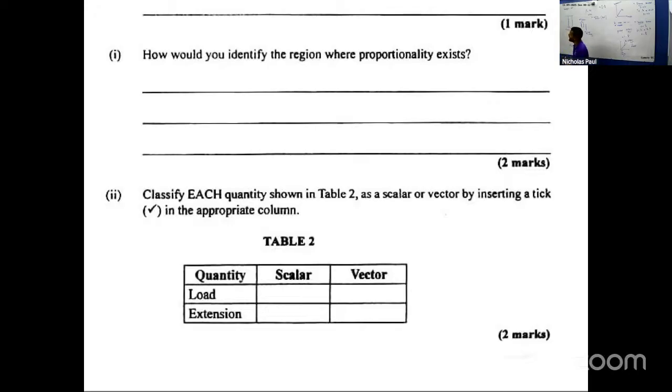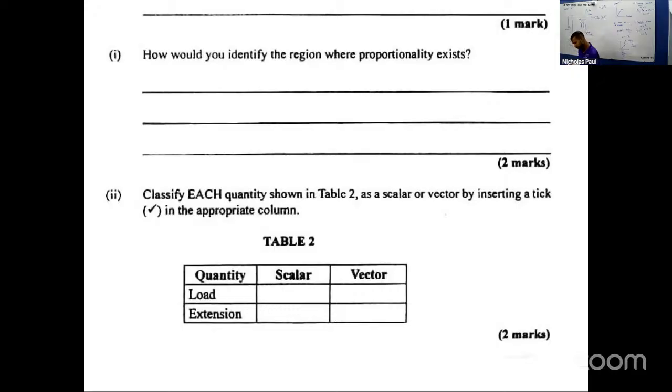How would you identify the region where it's proportional? Somebody said the answer: straight line. You identify it by the straight line part.